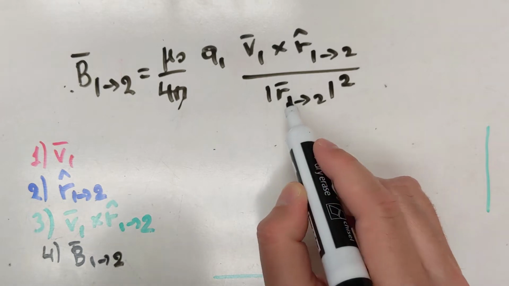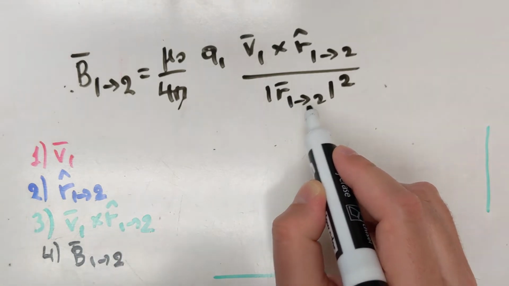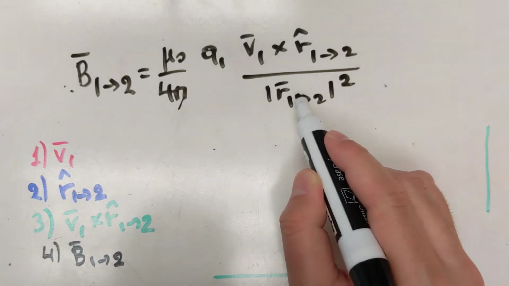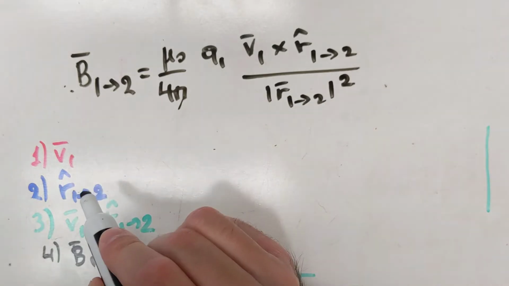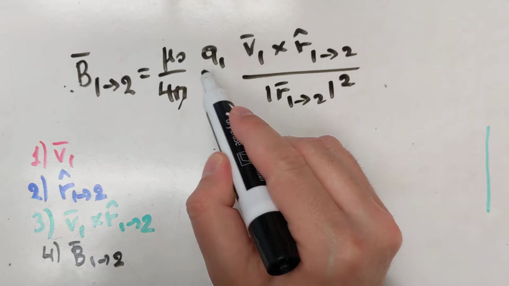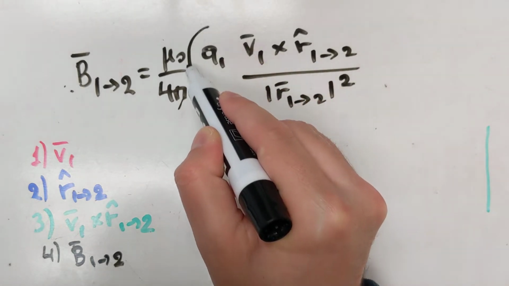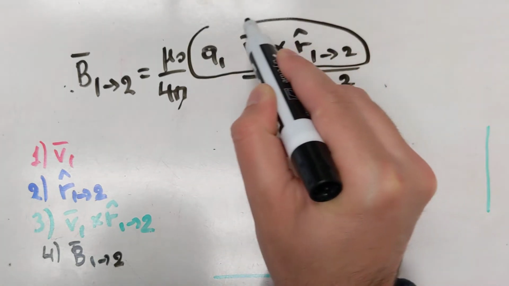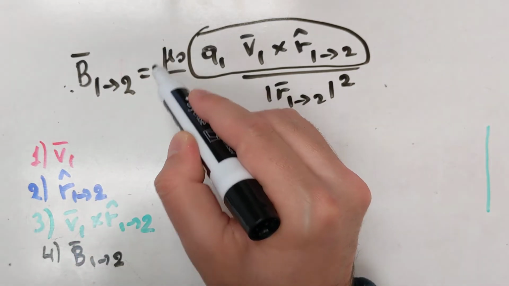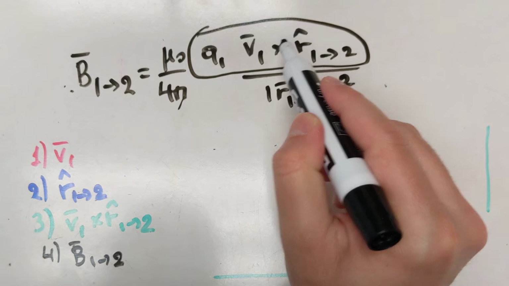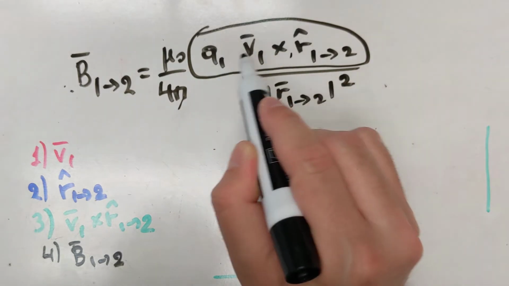Essentially the distance between the observation location and the source location is also a positive number, and it does not affect the direction of the magnetic field. So the quantities that affect the direction of the magnetic field are really here. You can safely, as far as the direction of B is concerned, ignore these things. I'm going to focus on that because that's what really matters.